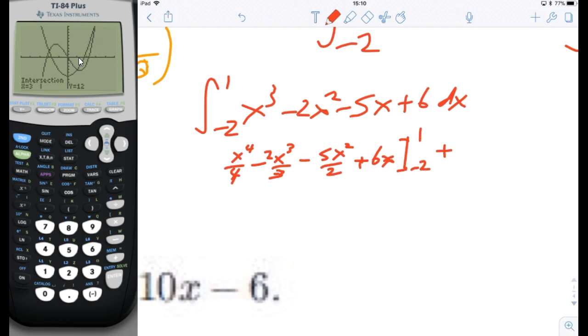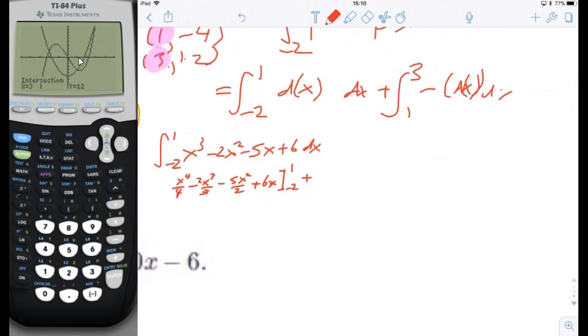I'm going to add that to the second integral. And the difference between the first and the second integral is everything's negative. So the inside of the second integral is going to be from 1 to 3 again, but it's going to be negative x cubed plus 2x squared plus 5x minus 6 dx instead, right?